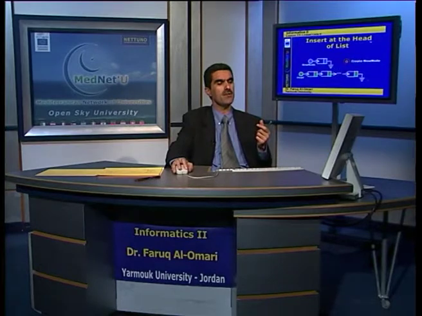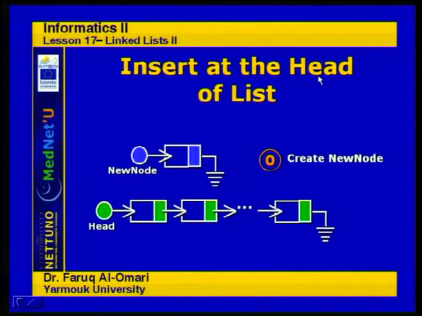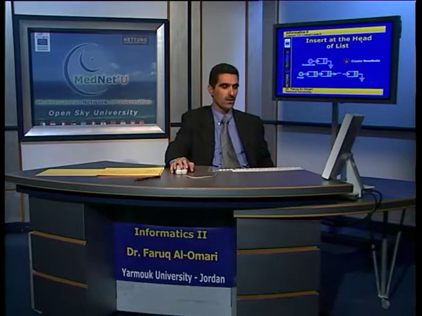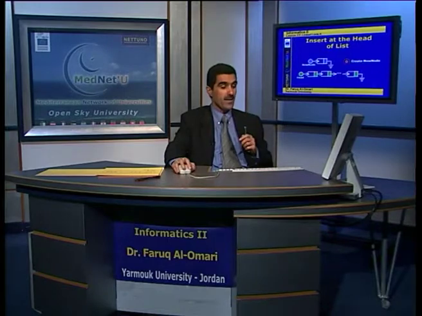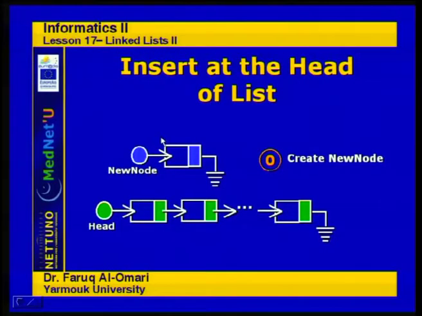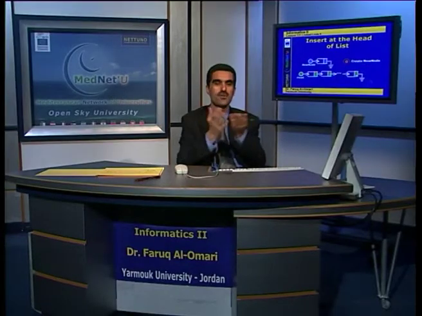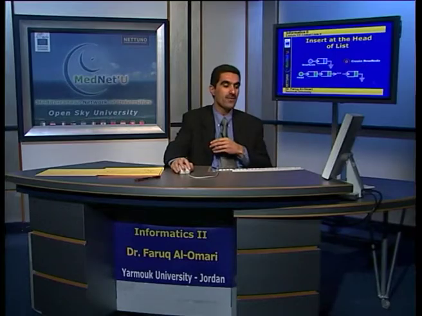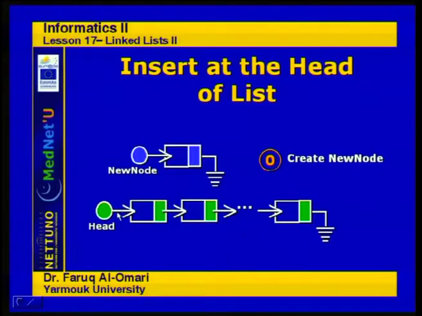Well, in this first scenario, I'm going to add it as the first node in the list, to be pointed by head. Well, if I make head point to it, then I'm afraid the rest of these nodes are going to be lost, because there's no other means that I can get to these nodes after I'm done with this move.